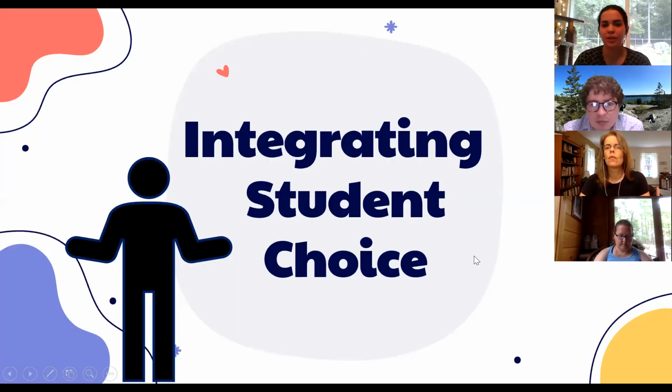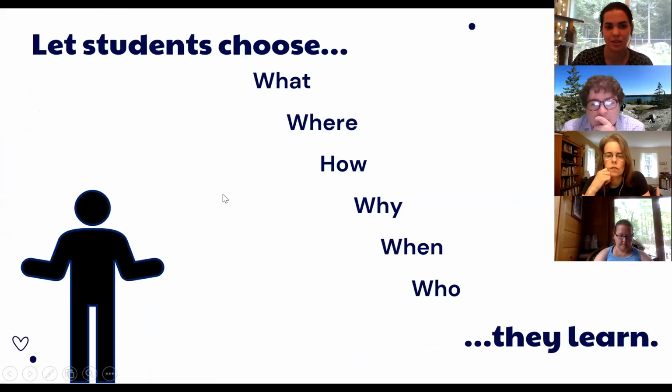Okay, so I am going to go back. And now we're going to shift gears a little bit and, thinking about this student voice, talk a little bit about the integration of student choice into what you're doing. So we want to let students choose as much as possible.